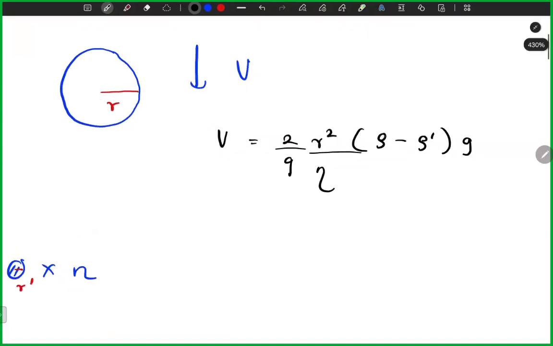So in the theory that we were discussing, we said rho is what? The density of the object. What's rho dash? Density of the fluid, because this object was going down the fluid. Of course, these can reverse depending on whether the object is going up or down, right?